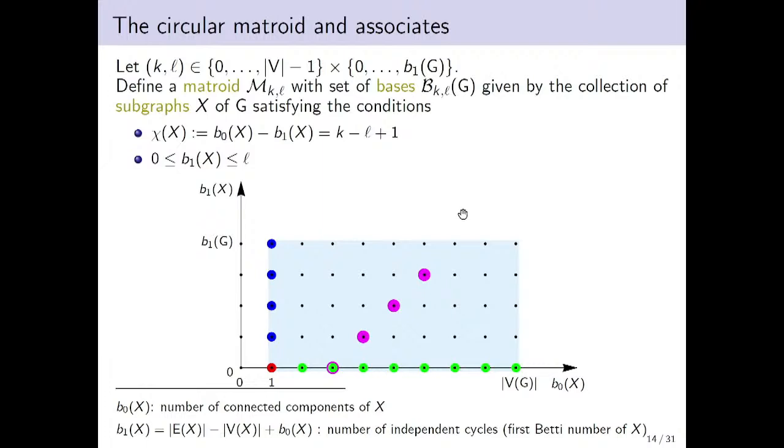Now what I claim is written by these inequalities, but I'll show it on the picture. If you take an integer pair k, l, which just parameterizes a point like this purple point, and now you take this line, defined by these equalities, I claim that if you take all the subgraphs for which B0, B1 satisfies the inequality, such that they lie in this subset, they form the bases of a matroid, which I call M_kl, and I call B_kl the set of bases.